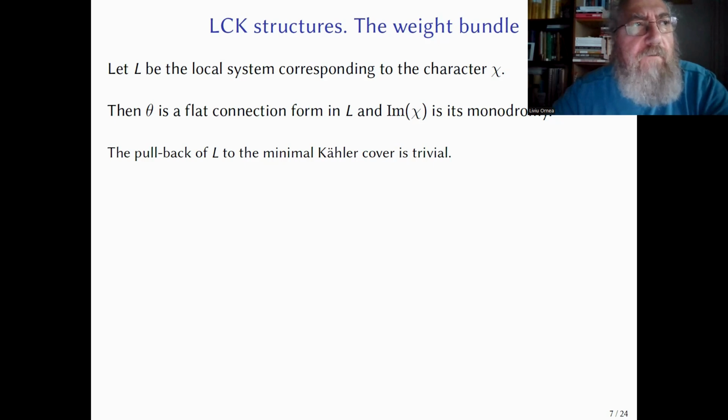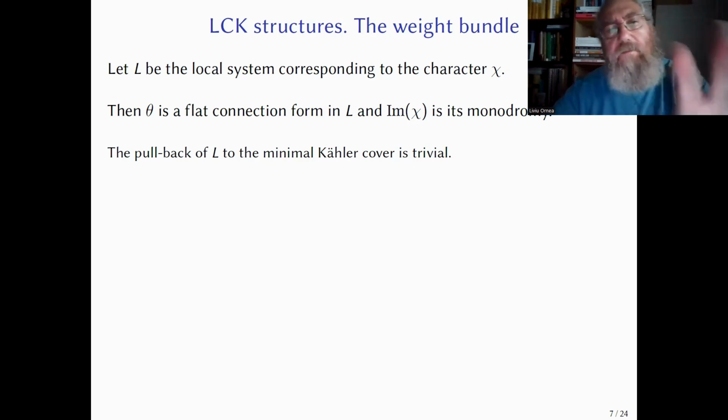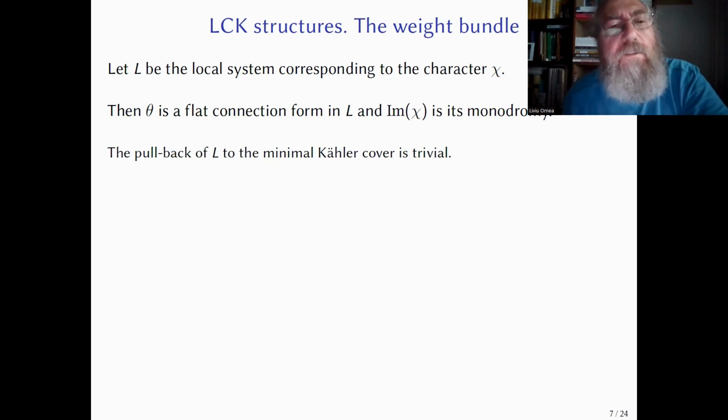It is the bundle of conformal weights. So it encodes the conformal geometry of an LCK manifold, and also via the Lee form, the connection, it encodes also the complex geometry here.